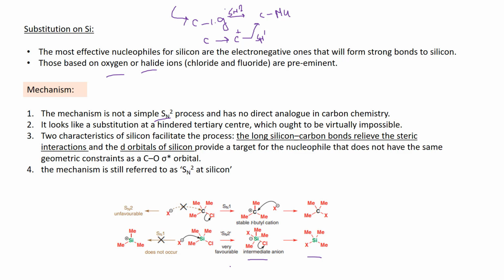A transition state is hypothetical, wherever you show the bonds as dotted bonds like this.